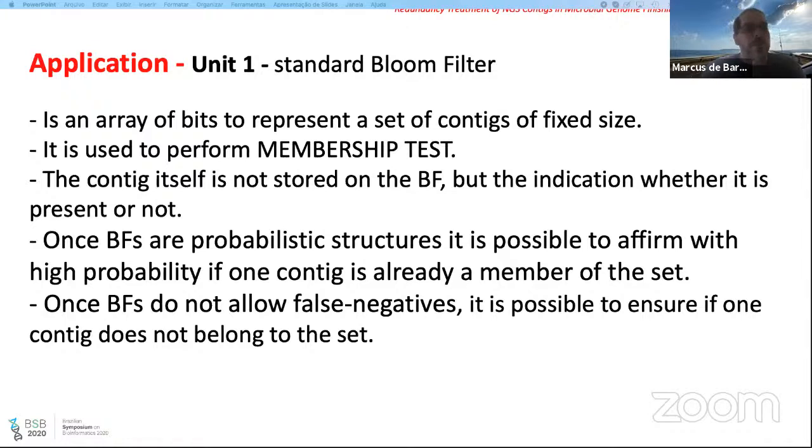The contig itself is not stored in the Bloom filter, but the indication of whether it is present or not. Since Bloom filters are probabilistic structures, it is possible to affirm with high probability if one contig is already a member of the set. But since Bloom filters do not allow false negatives, it is possible to ensure if one contig does not belong to the set.